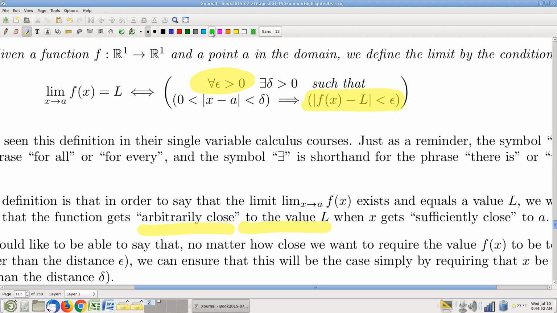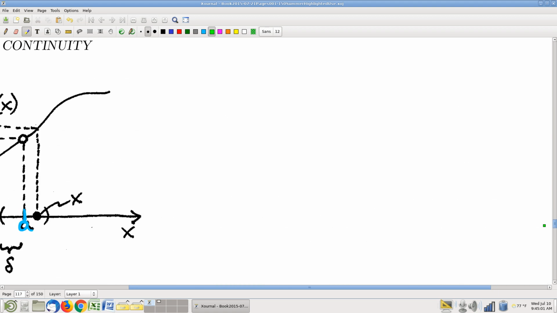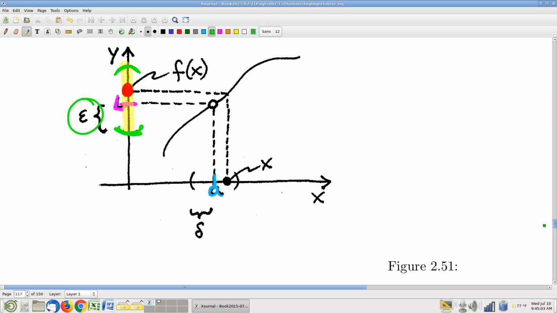Okay, what about this next part? When x gets sufficiently close to A. What do we mean by sufficiently close? Well, we need to be able to say, look, obviously the function's not going to do what we want it to over here on the y-axis for all values. But as long as x is sufficiently close, as long as x is within a certain yet to be determined distance away from A, we're going to call that distance delta.